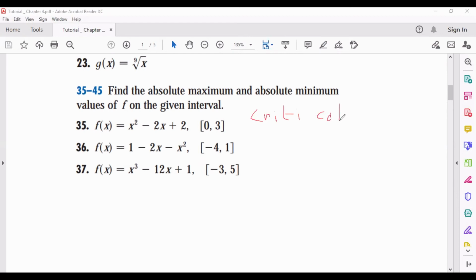Then critical numbers mean the derivative equals 0. Which example do we choose, guys? Okay. For the second one, what about the derivative? The derivative is, if we want, minus 2 minus 2x. When is it equal to 0?